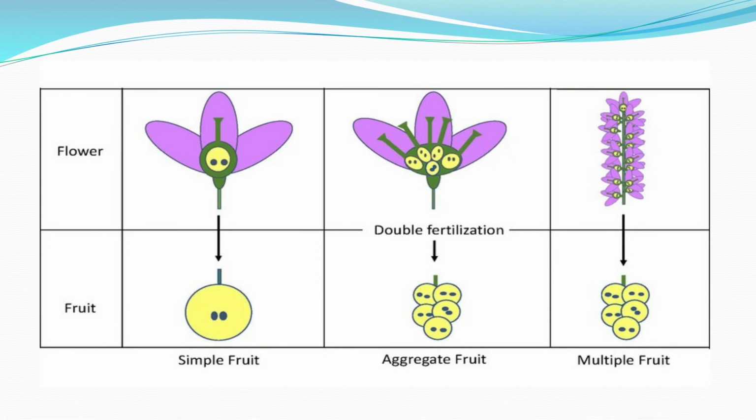We have seen the two structures, syncarpous and apocarpous ovaries. In simple fruit the syncarpous ovary is present, and in aggregate fruit an apocarpous ovary is present, with multiple ovaries having multiple carpels.